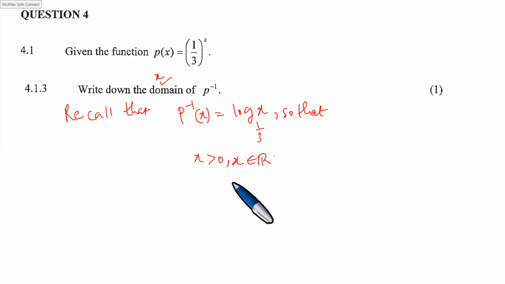So x is positive and x is an element of the set of real numbers. Okay. So we get this one here. Okay, let's continue.